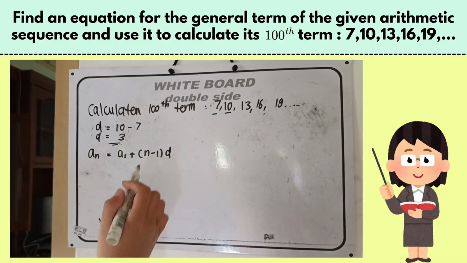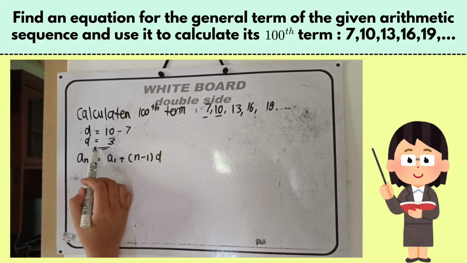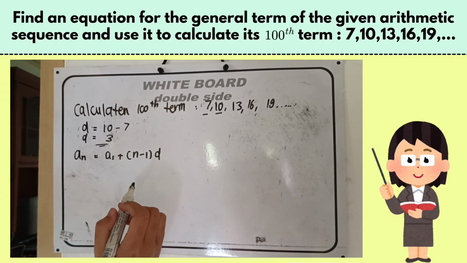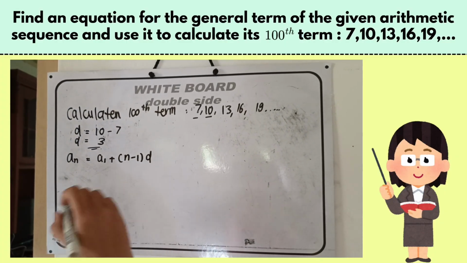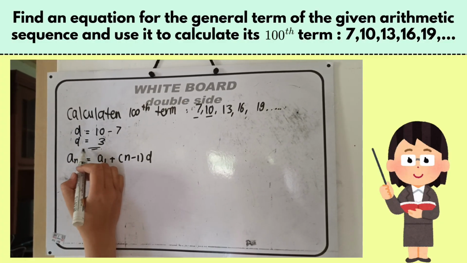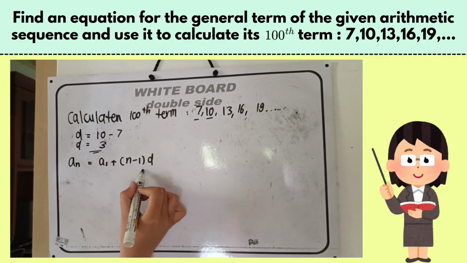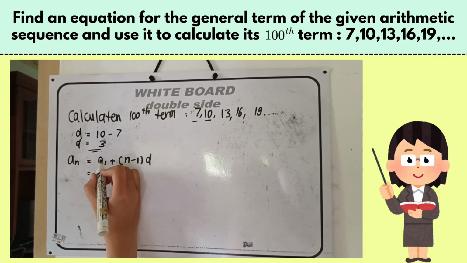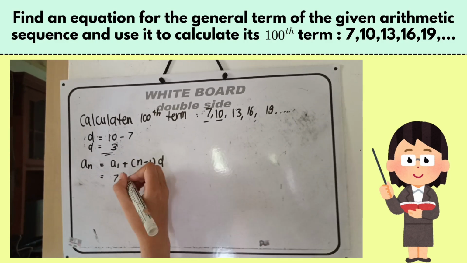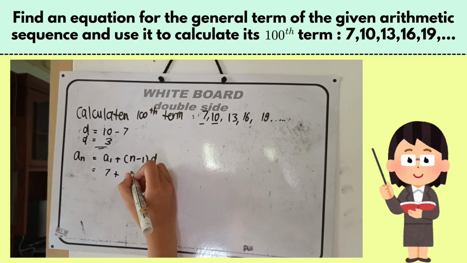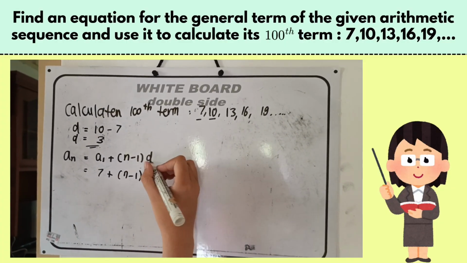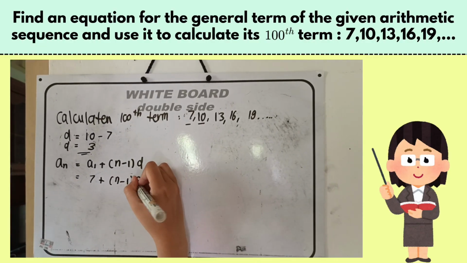Look at this, we only have d, the common difference, so after that we substitute d in the general formula. And look, a sub 1 is 7, so we write 7 plus n minus 1, and d is 3.